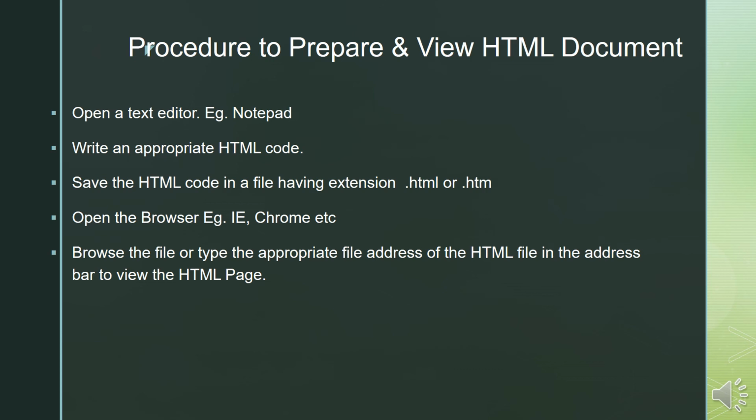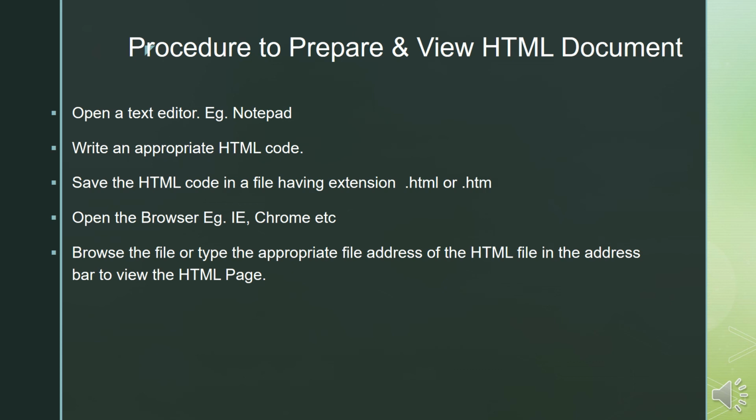Then you will click on the save option. When you click on the save option, Notepad basically saves as a text file. So you have to write the extension along with that particular file name as .html or .htm, which will make your text file a browser file.